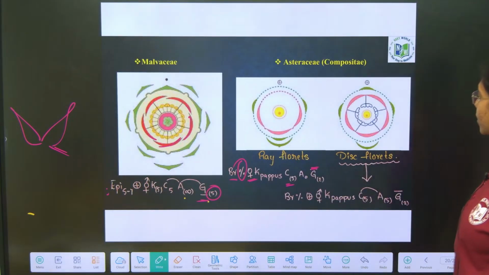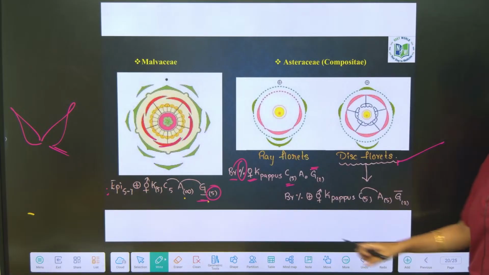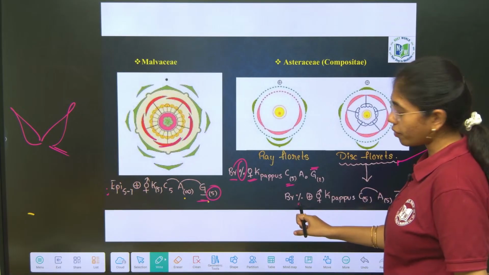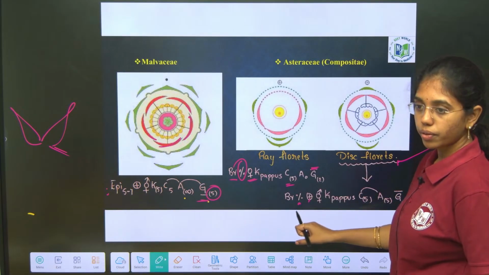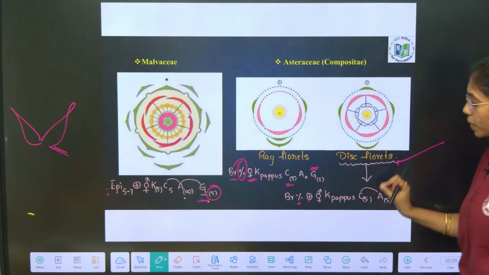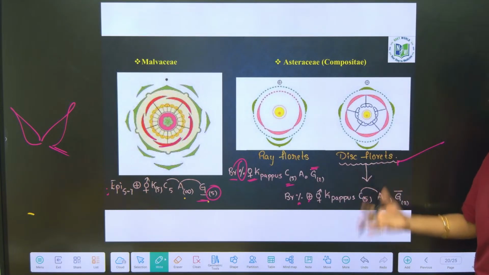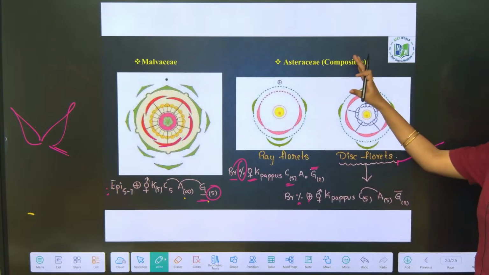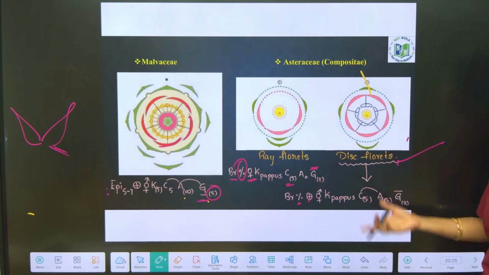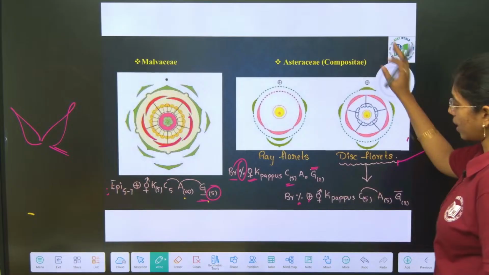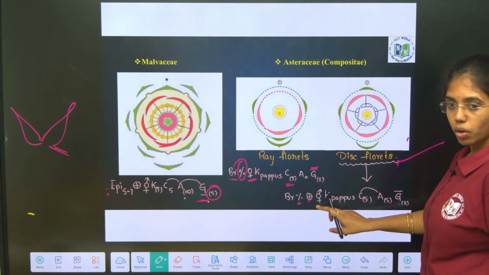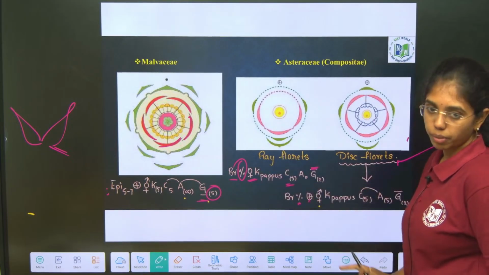Okay. Next is disc florets, bracteate, zygomorphic and actinomorphic. Few of the species will have zygomorphic, few of them will have actinomorphic. The same family, different species will be there, right? As such, two possibilities are there, and it is bisexual, whereas ray florets have only female flowers.